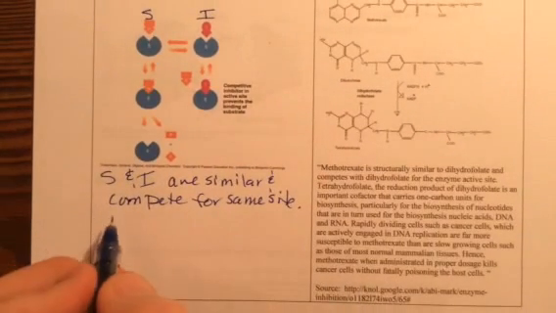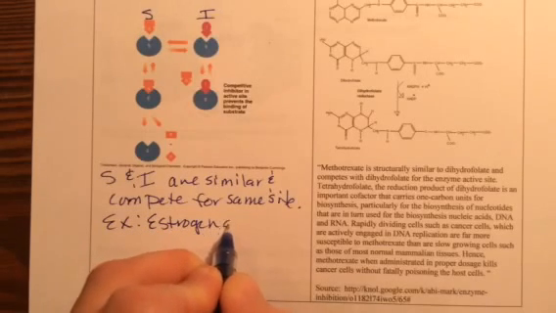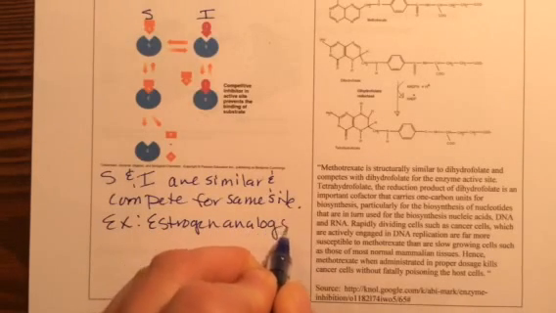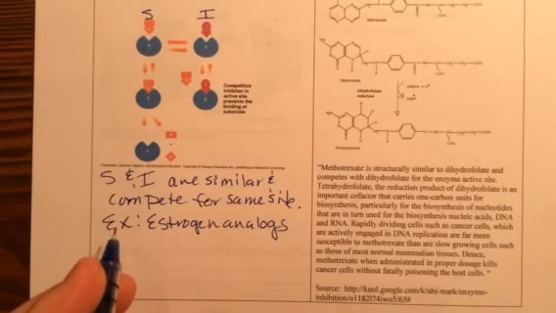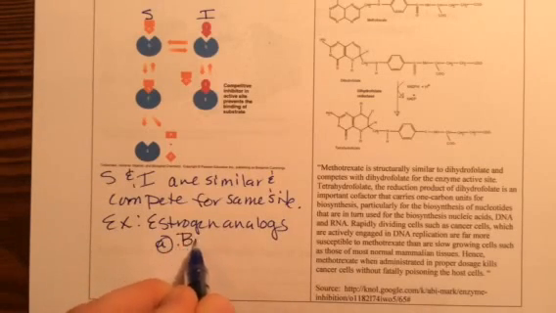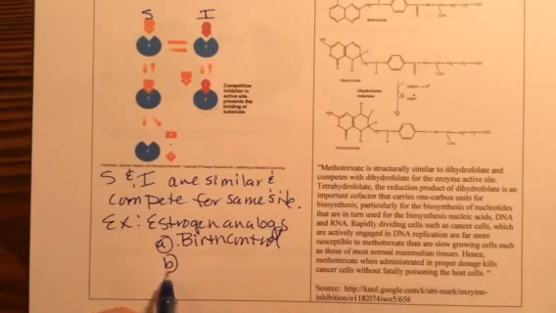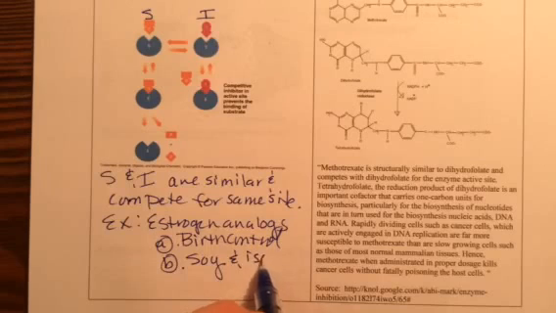Now some examples of this are estrogen analogs. Okay, estrogen analogs. So these are things like birth control pills, certain plant-based substances like soy and isoflavones.